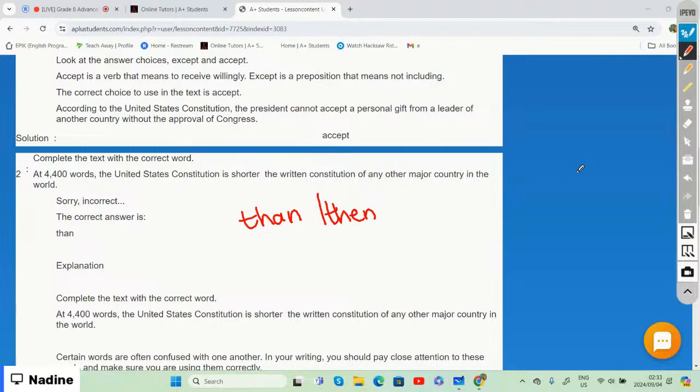All right, and if we were to choose the correct one, we would say at 4,400 words, the United States Constitution is shorter than the written constitution of any other major country in the world.